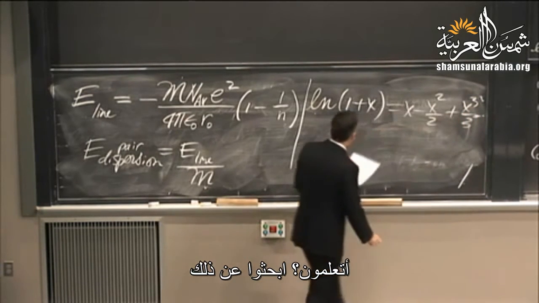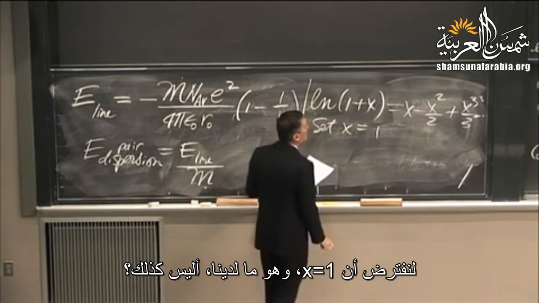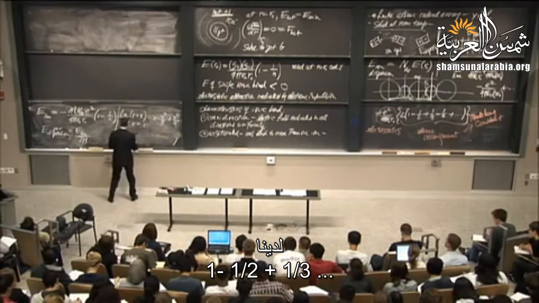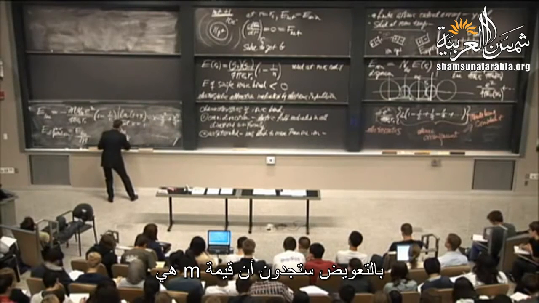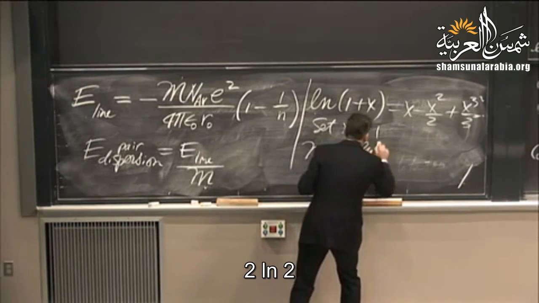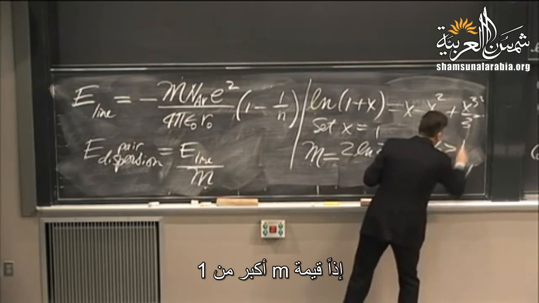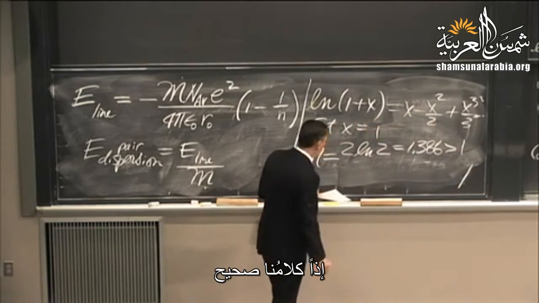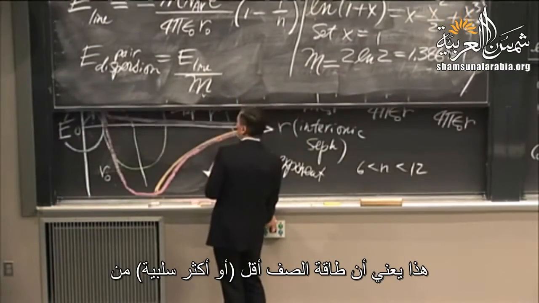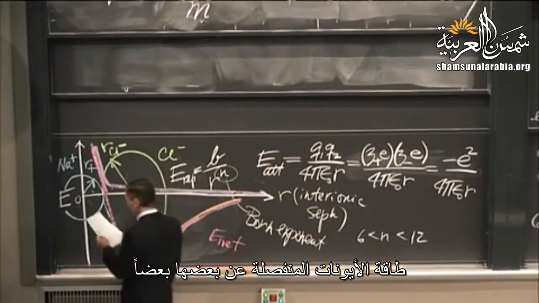Look that one up. Set x equal to 1, which is what we've got, right? Because we've got 1 minus a half, plus a third. Go through it, and you'll get the value that M, according to this, will give you 2 times the natural logarithm of 2, which is 1.386, which is greater than 1. And so we're golden. That means that the energy of the line is lower, more negative, than the energy of the dispersion.